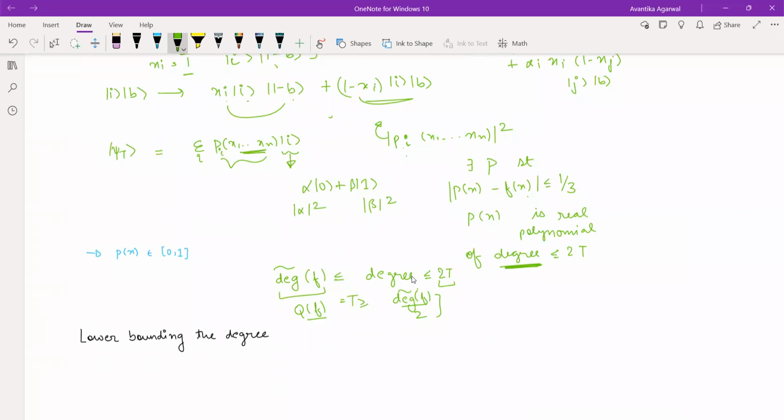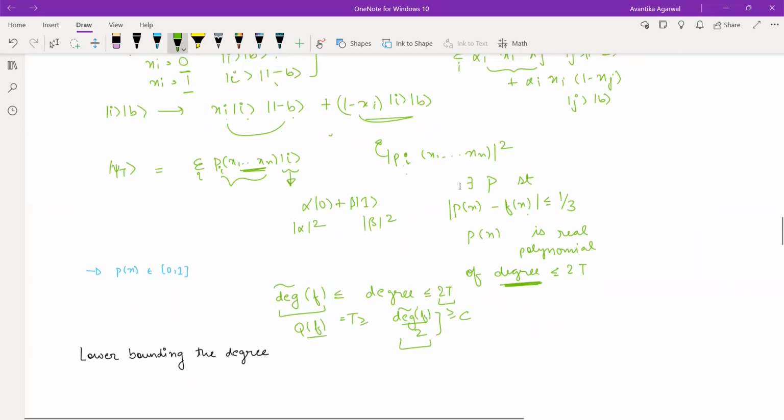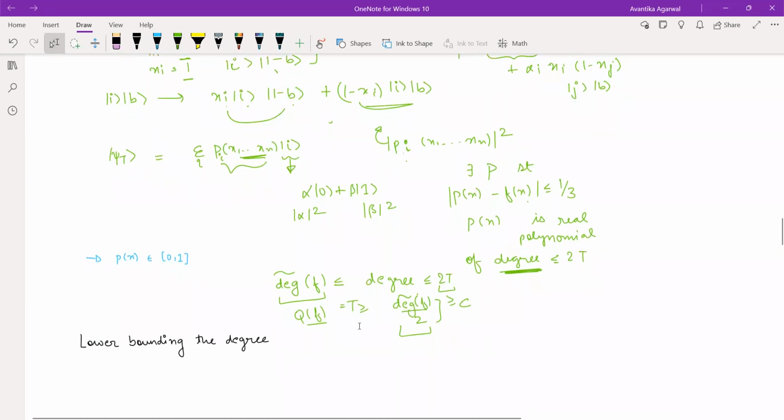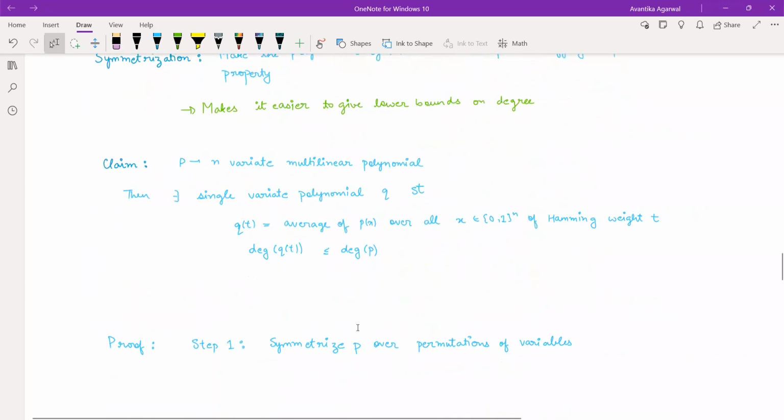We have done it a lot of times, so that should be the easier part. Suppose I show that this degree is lower bounded by some c, then I have given a lower bound on the query complexity. The aim is just to find a good lower bound on the degree of the polynomial. In the interest of time, I'll first do an easy example, then I'll move to a somewhat more difficult example.